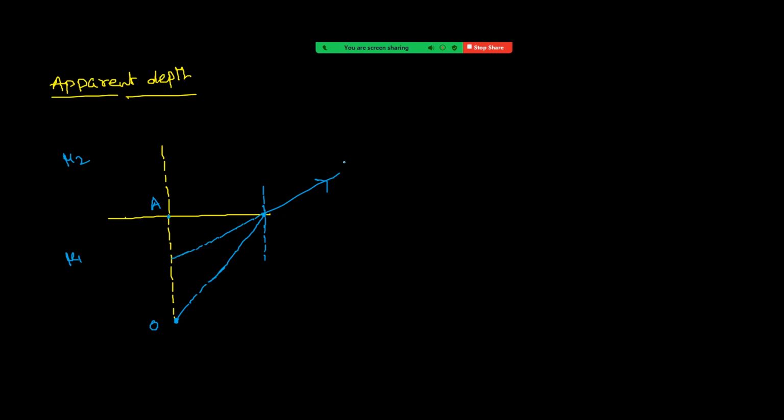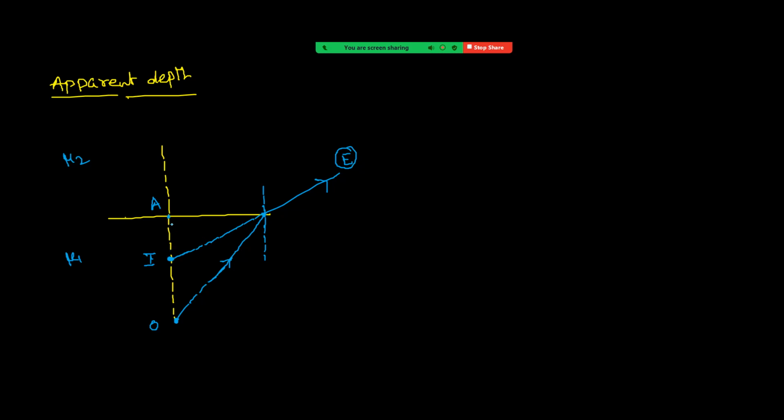If you observe, this is our eye. We feel that light rays are coming from this point. This is the image. That means AI stands for apparent depth.